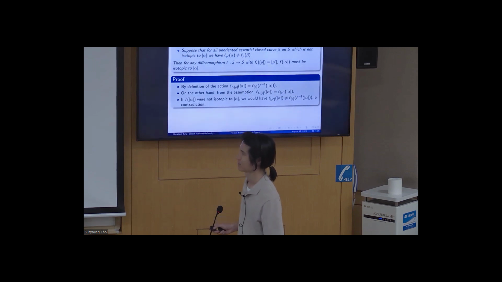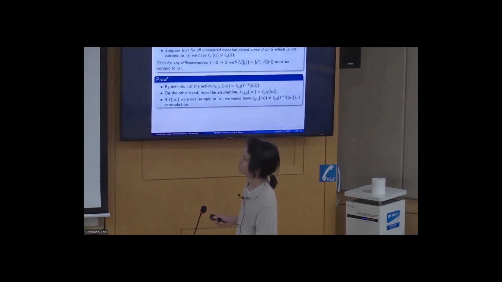Then, if f of alpha is not isotopic to alpha itself, then because of the second condition, we should have different lengths. But we showed that these lengths are the same, so we get a contradiction. So f of alpha must be isotopic to alpha itself. Of course, it might flip the orientation.